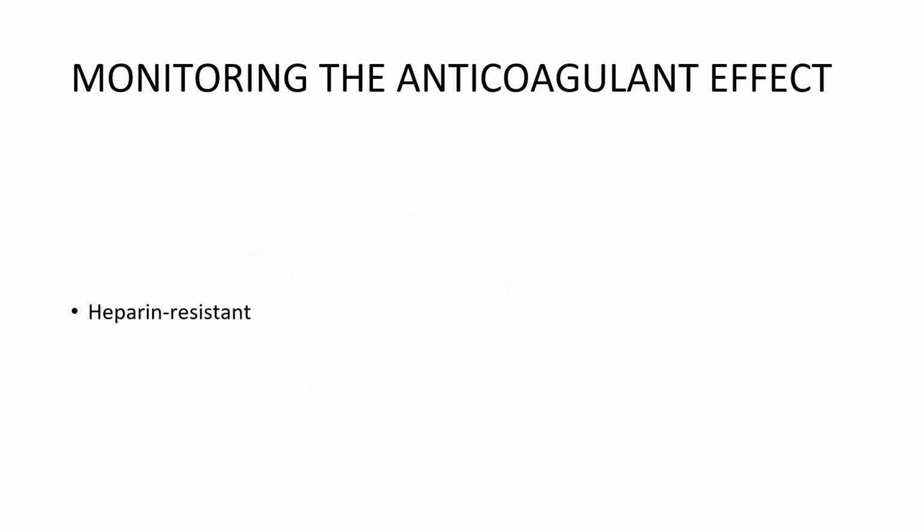Next thing is, how will you monitor the anticoagulant effect of unfractionated heparin? Monitoring is done by APTT. APTT is used for monitoring the activity of the intrinsic pathway. Heparin predominantly affects the intrinsic pathway, so that's why we use APTT.